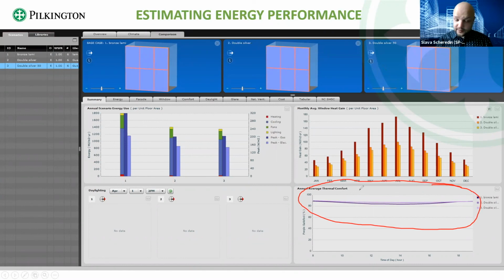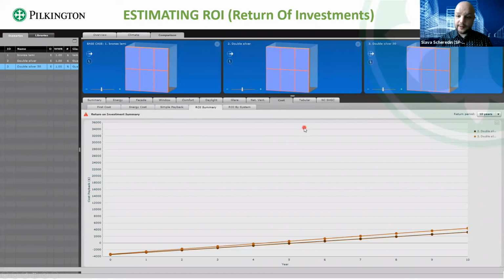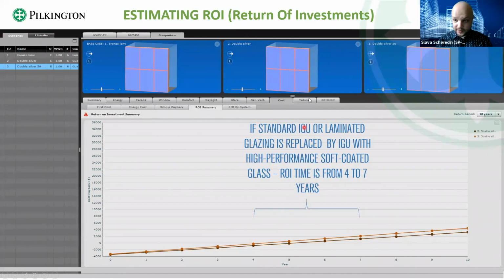And apart from that, comfort also can be estimated, and the things which I've shown above can be prevented at an early stage. Moreover, if you're using specialized glasses, the energy efficiency and the return of investment can be estimated for the project of your choosing.